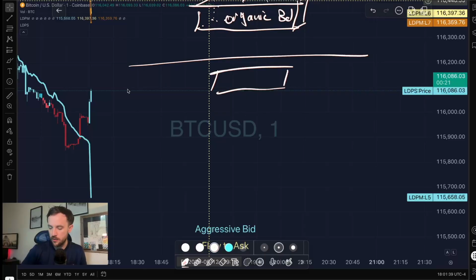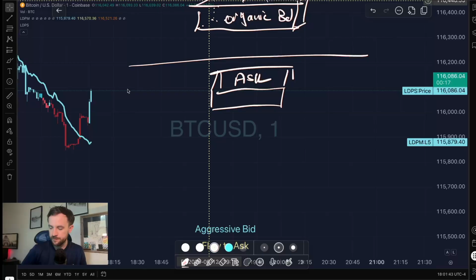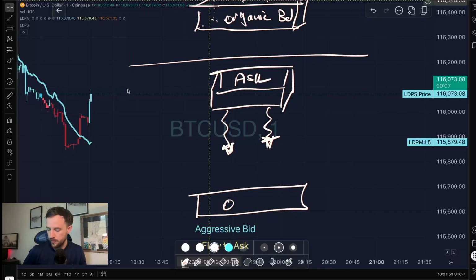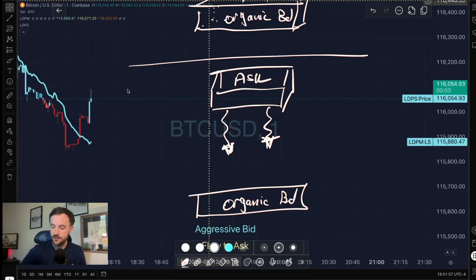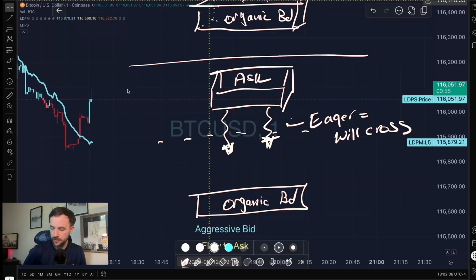The same goes for the ask. If we have this ask and then we have these opportunistic eagers moving down to the organic bid. The eager parties will cross, and this is the midpoint, or I call it the aisle.